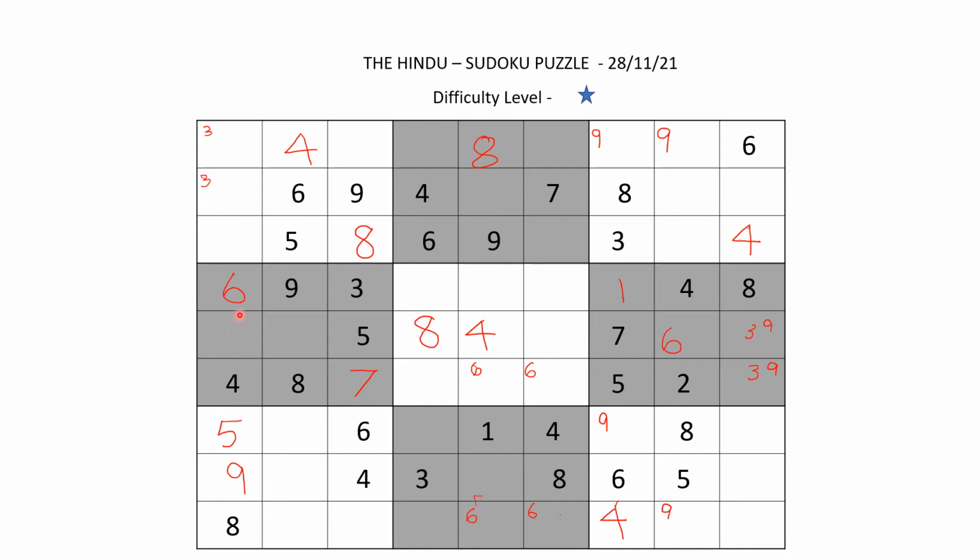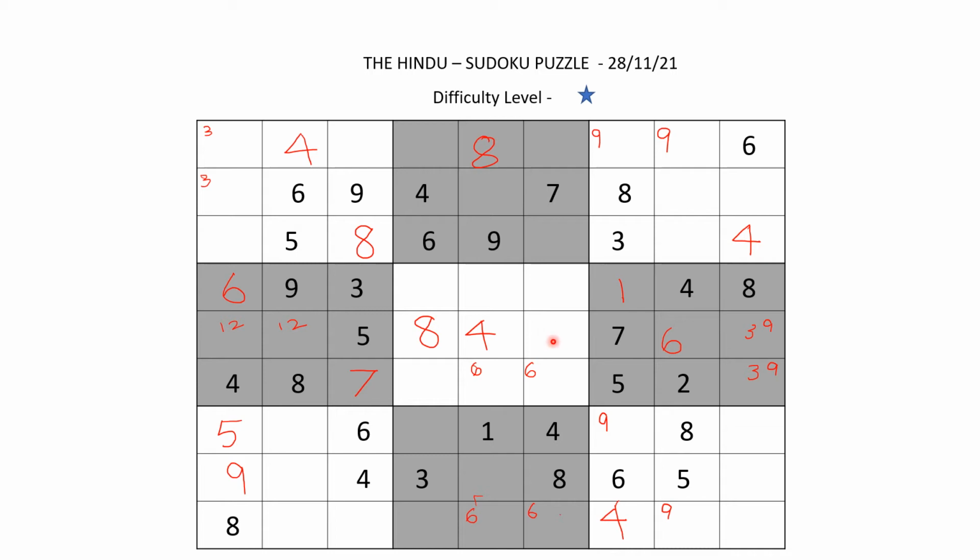Since we don't have any other clue from the other blocks, we have to just mark it with 1 and 2. So this can take 1, 2. Again, this is making a complementary pair. Now looking through this row, all the cells are filled except this cell.